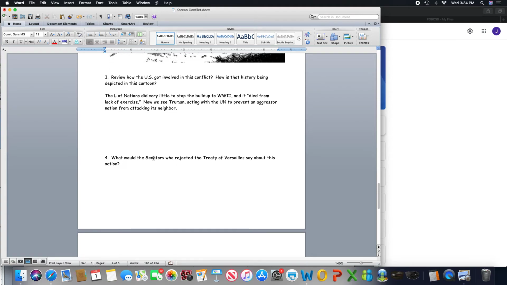I wanted to talk about this question. What would the senators who rejected the Treaty of Versailles say about this action, about the United States getting involved? They would say this is exactly what we did not want. We see the president getting involved in foreign conflict without congressional declaration of war.